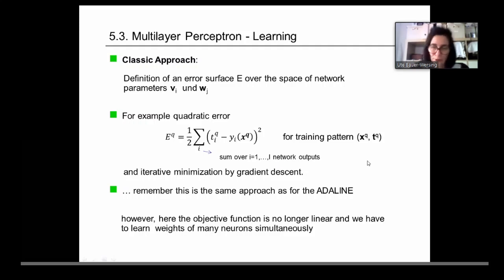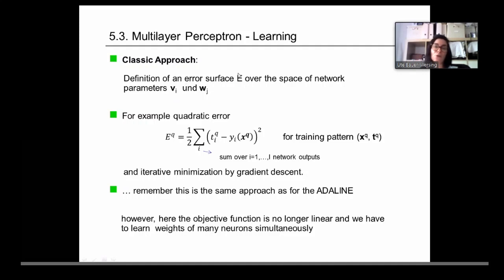So the classical approach to learning is that we now define an error surface E over the space of network parameters. The network parameters are the weights, vi and wj. Both weight sets are parameters of the model.